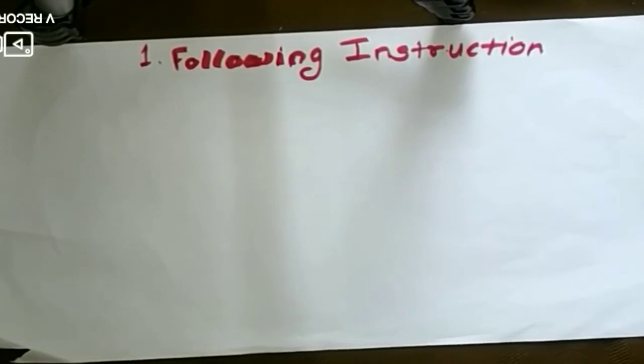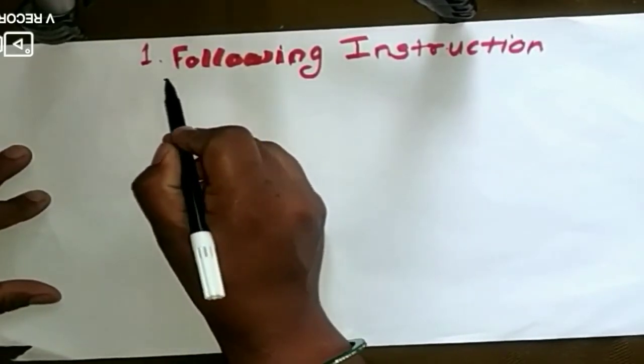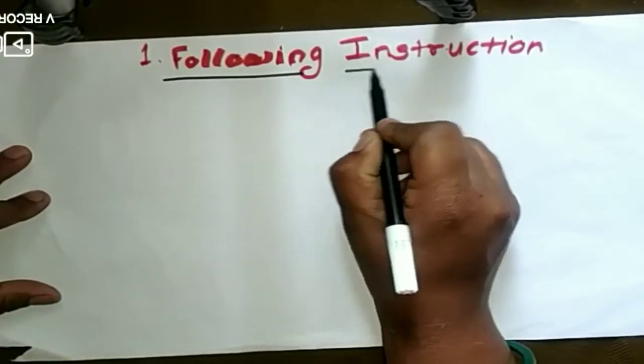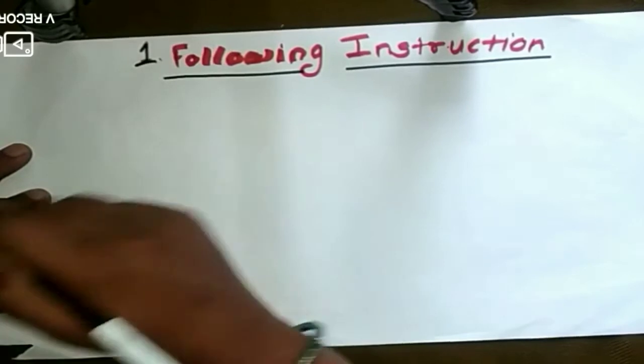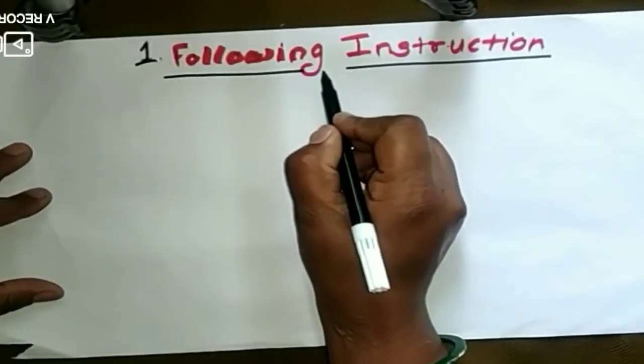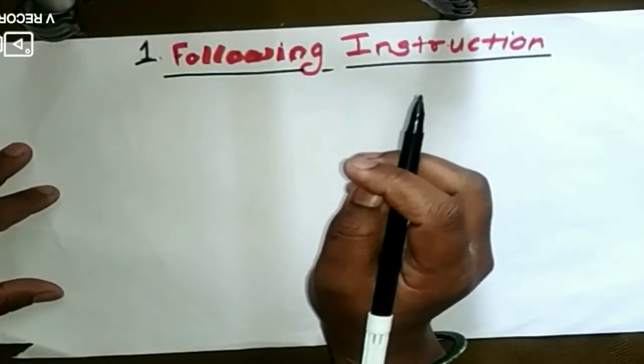Today we will see the first lesson of the intelligence, and its name is the following instruction. In this lesson we have to follow the instruction which is given in the question.